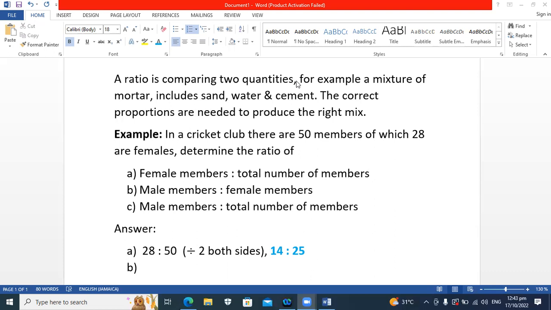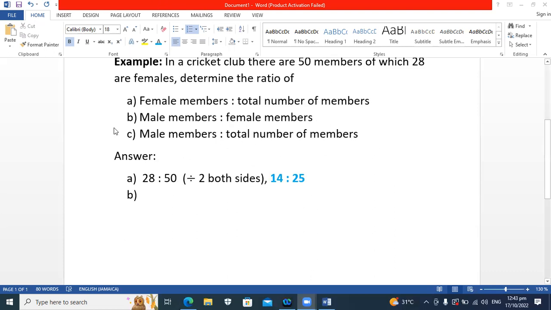Oshin and Gabriel, are you following? Yes, sir. For those of you who have moved on, you would have done B already. It says male members. How many male members do we have? 32. Sorry, it's 22.